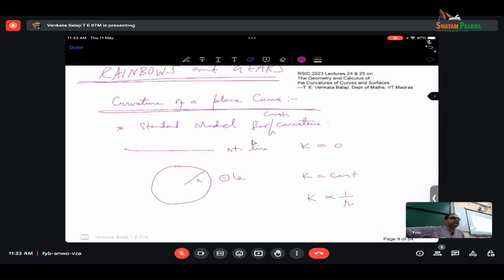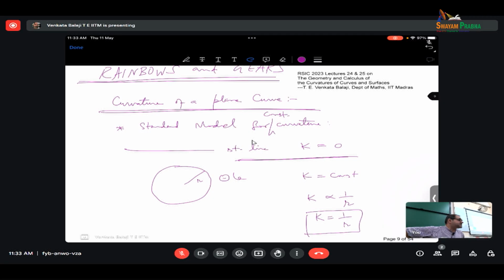So we take the constant of proportionality to be 1, and then we simply write k equal to 1 by r. That is the formula we take. And why is this correct in a philosophical sense? If you let r tend to infinity, your circle becomes a straight line.